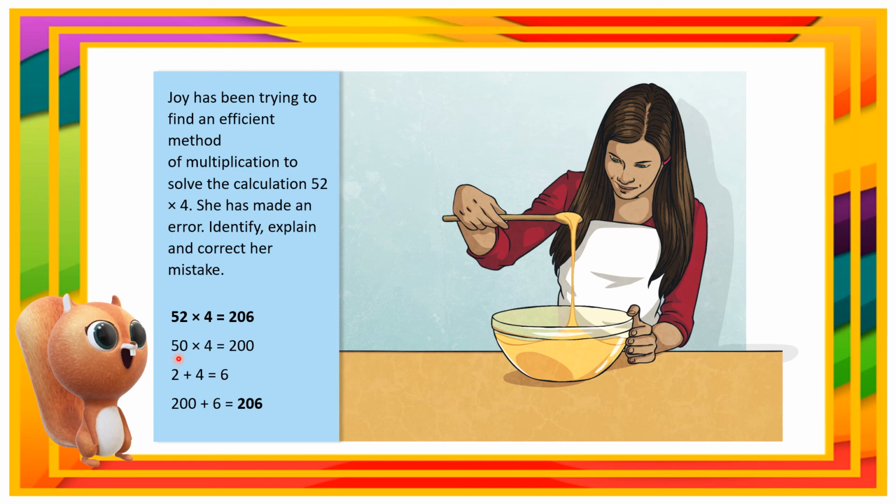So we have 5 tens in 52, which is 50 multiply 4. She has written 200, and we have 2 ones in 52, and she has written 2 plus 4, which is equal to 6. So 200 plus 6 is equal to 206. Is Joy correct? If she is not, what is meant to be the correct answer? Pause the video and have a go.